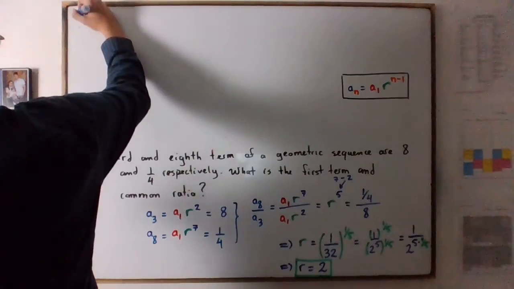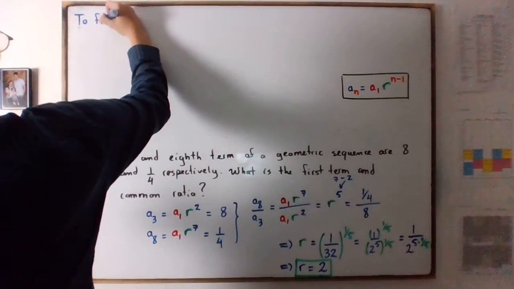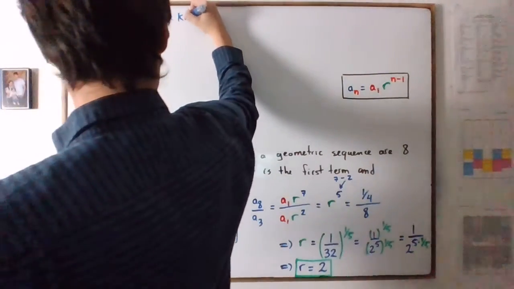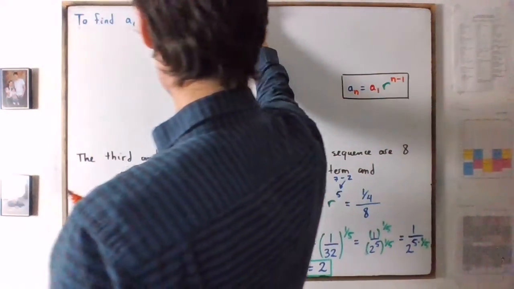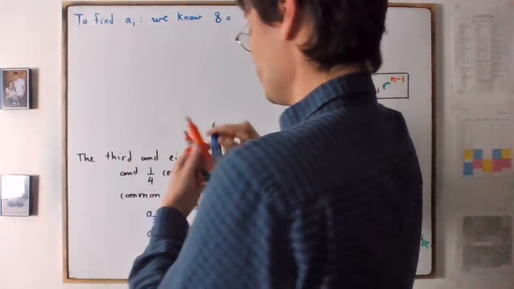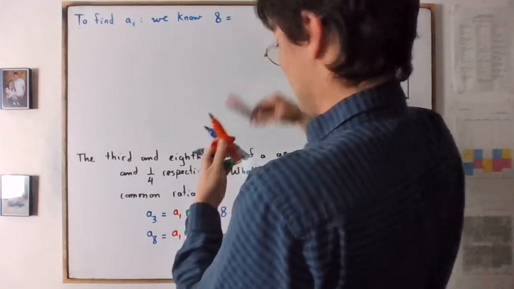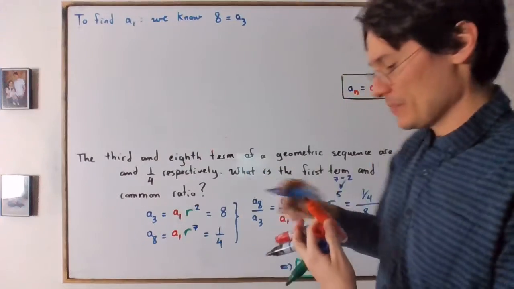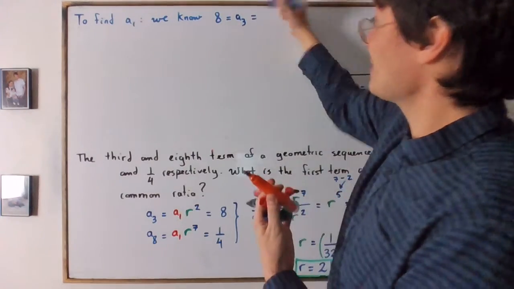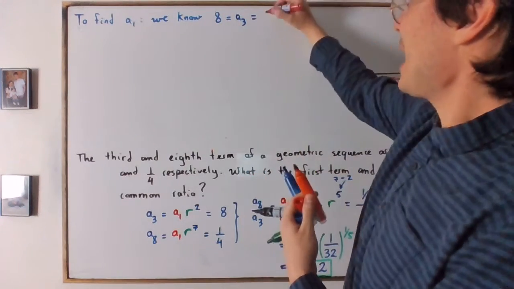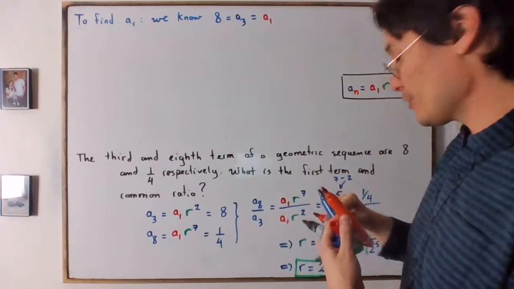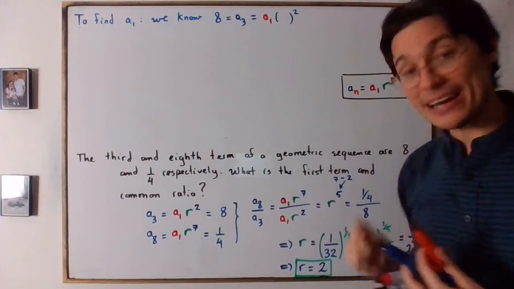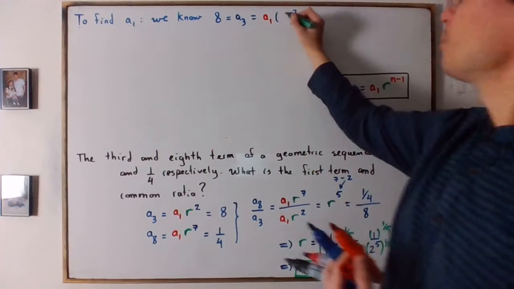So let's put it this way. To find a1, we know that 8 is equal to a3, the a3 that we have down there. And we know that this is a1, and we now have the value of r. So r is equal to 2.